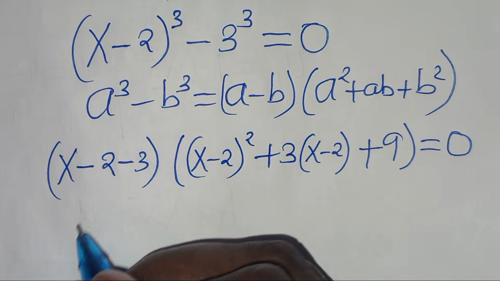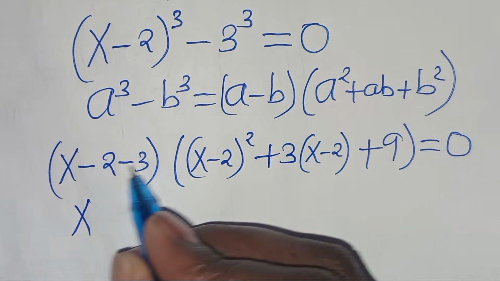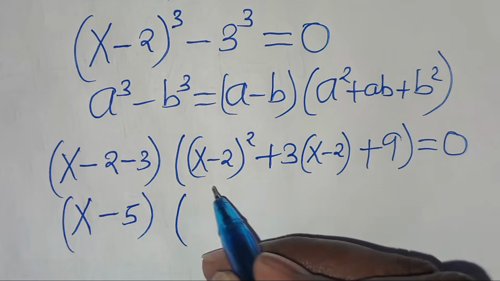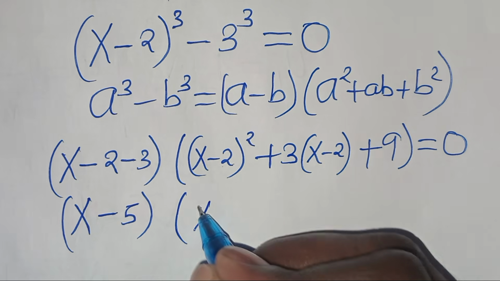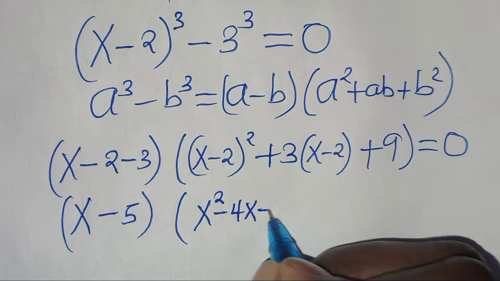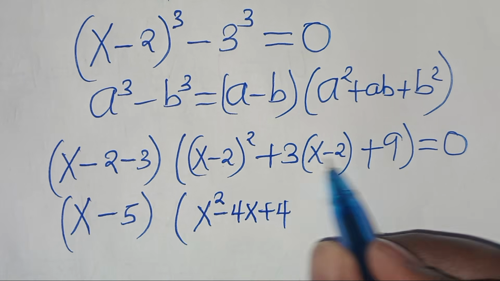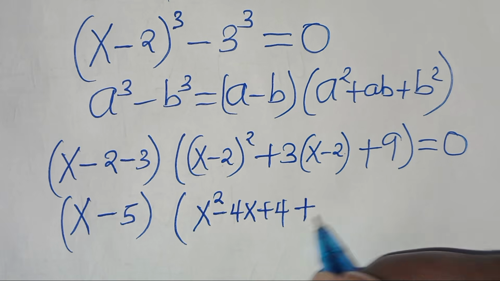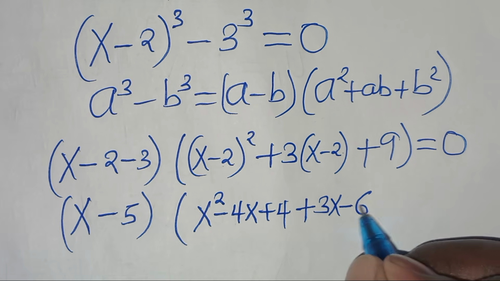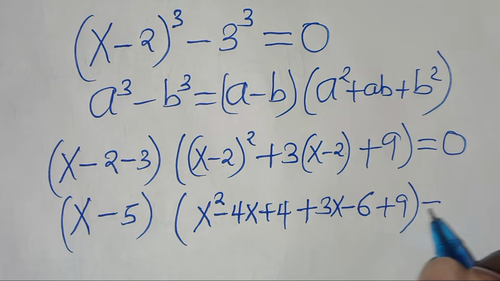So we have x minus 2 minus 3. This is minus 5. Then we have, let's expand this. This is x to the power of 2 minus 4x plus 4. Let's open the parentheses here. So this is plus 3x minus 6, then plus 9, close the parentheses.